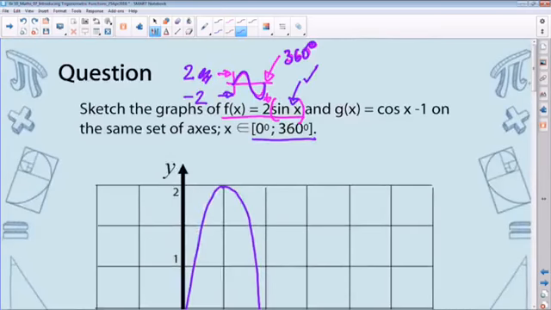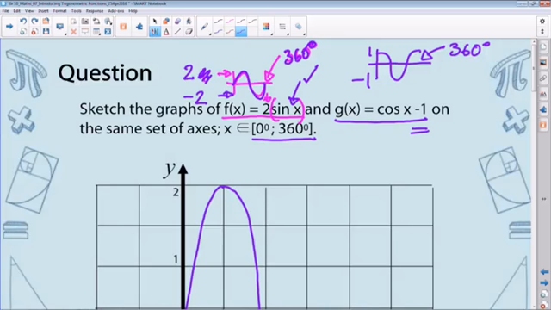Okay. Now the second graph we need to draw is g of x equals cos x minus 1. We know that the cos function, parent function, starts at 1, goes down to -1, and then up again. It has a period of 360 degrees, and that's really all we need to know about it. But this one is moved down one space.